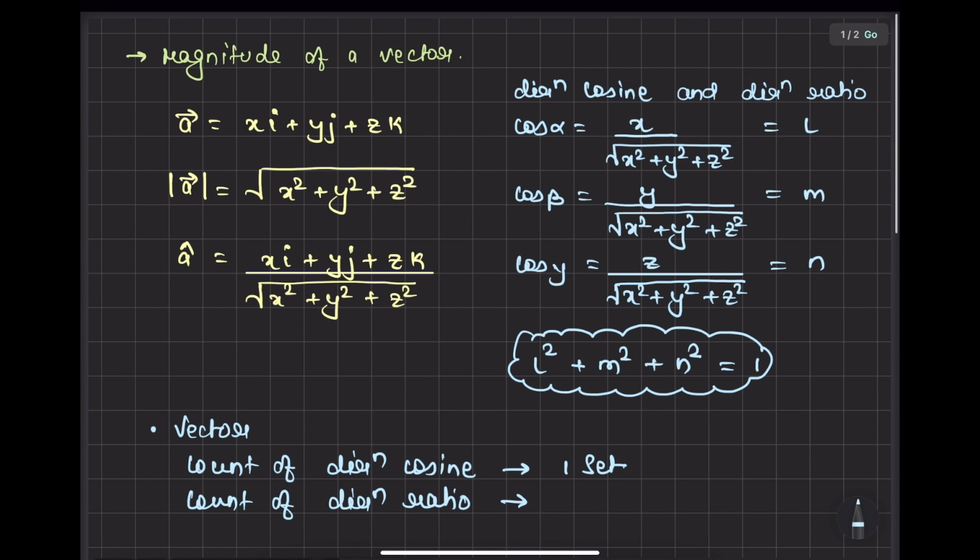The same LMN is also named direction ratio, but in this case you multiply everything with some number. Suppose it is 2, everything with 2, everything with 1 by 2, everything with 1 by 3, everything with 1 by 4. So it will have infinite sets.